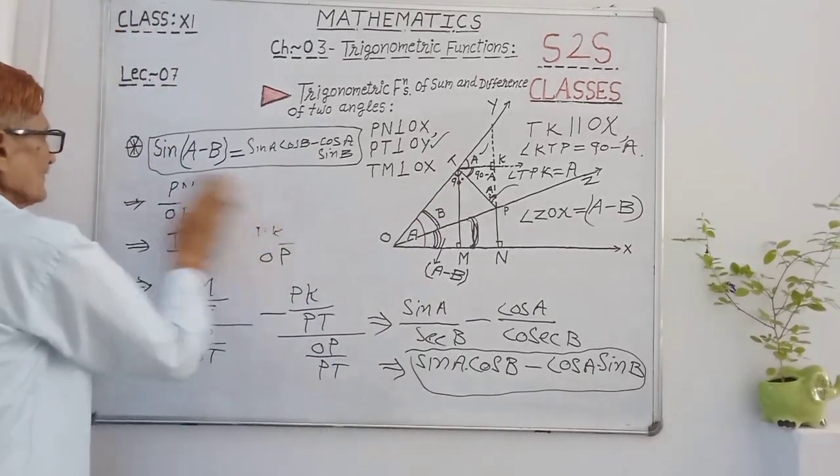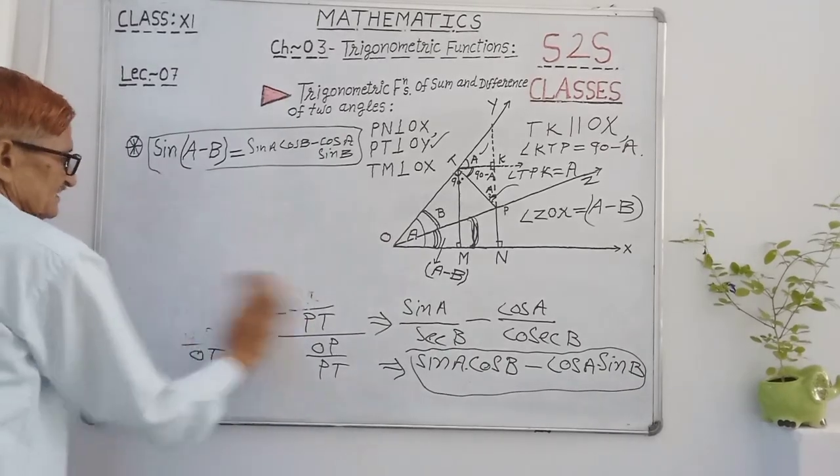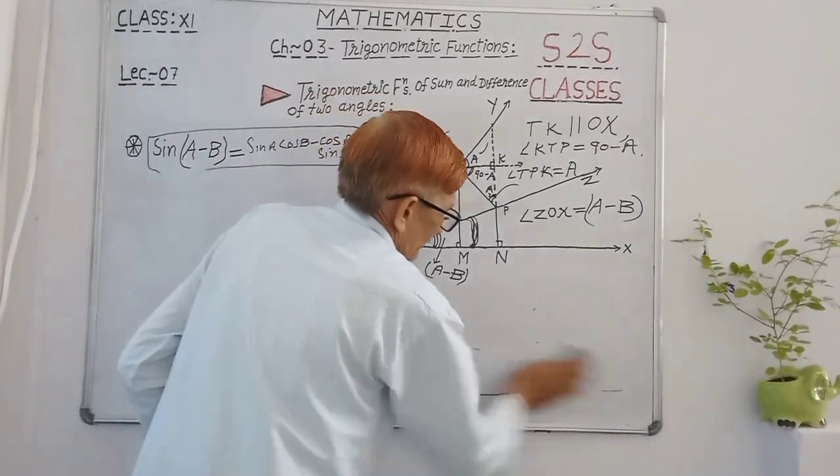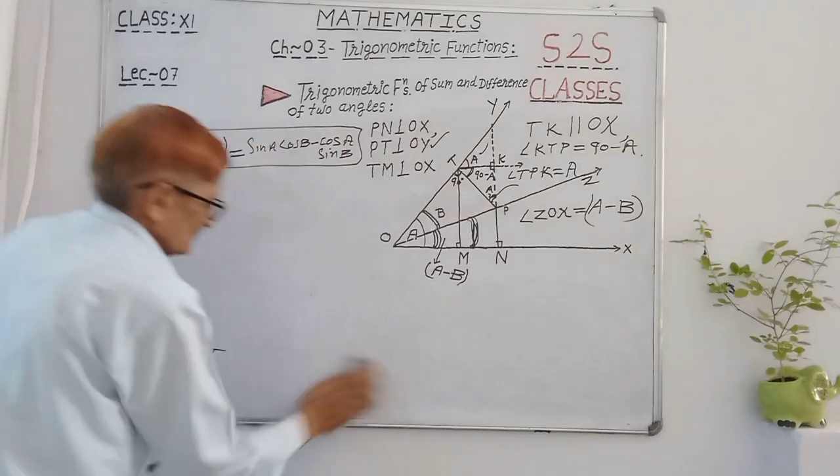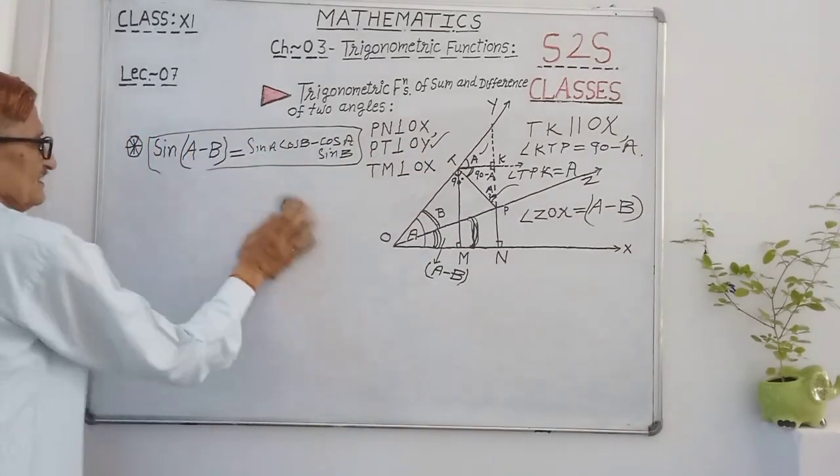Now we should directly write the formula of cos(A minus B).